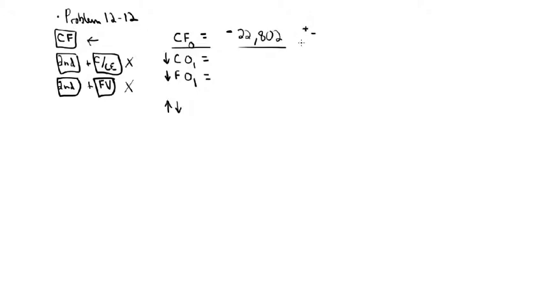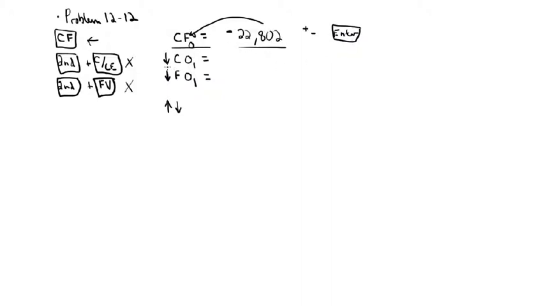That converts that number to a negative. Then push the enter button, and that programs that number in as CF0, 22,802.